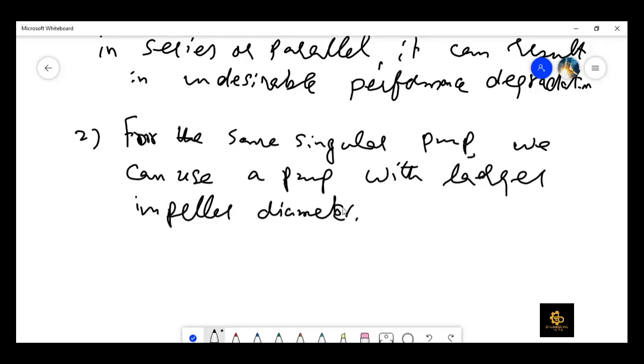It means that we only need to replace the existing impeller diameter with the larger impeller diameter. So it would give us something.